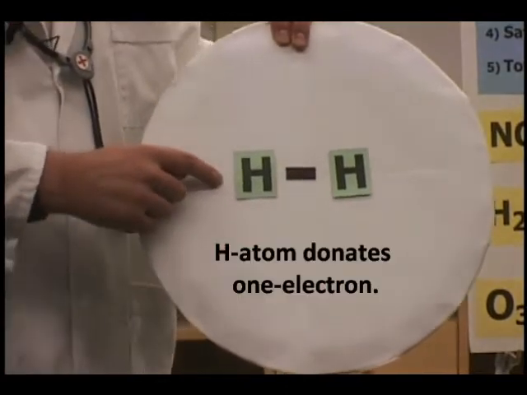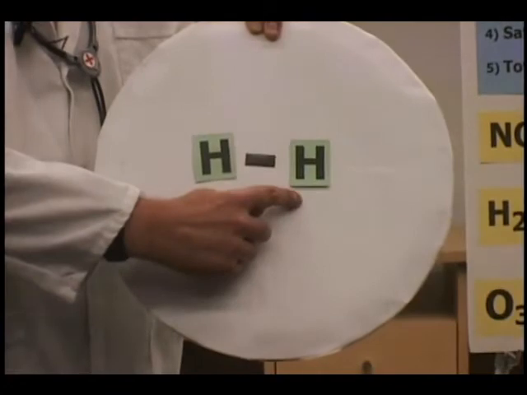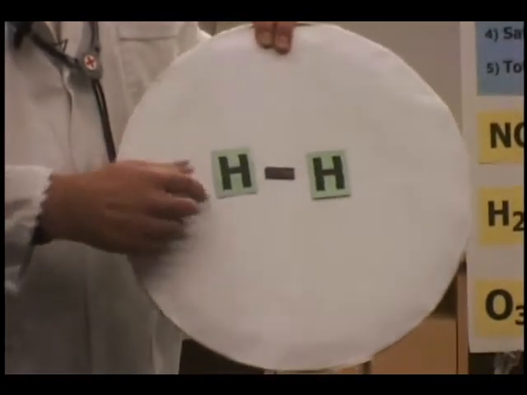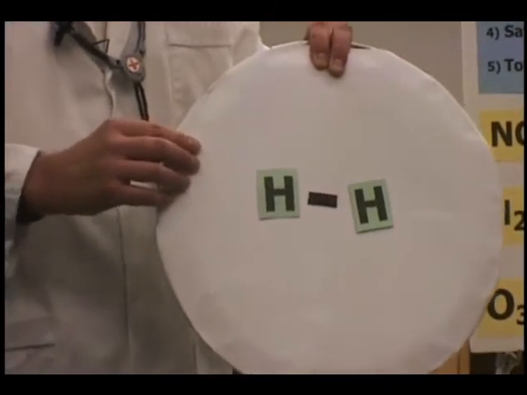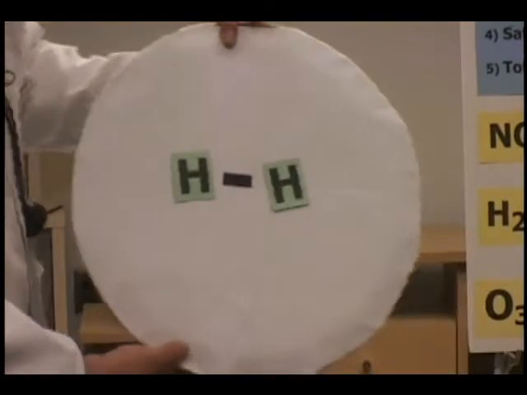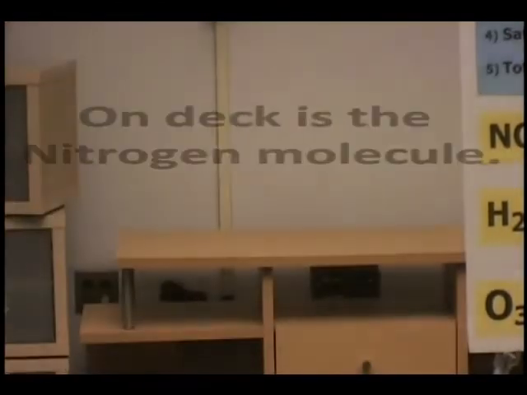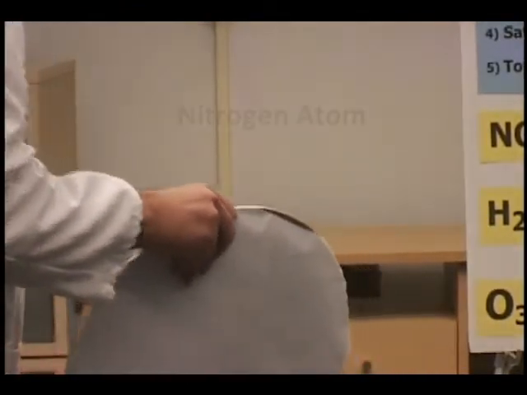In this case, we have hydrogen, which only has 1 electron to donate. So the octet rule is not applied here. In this case, though, we form the hydrogen molecule. The octet rule will come into play when we get to molecules that have the opportunity for more electrons. Okay, next we're going to do the nitrogen atom.